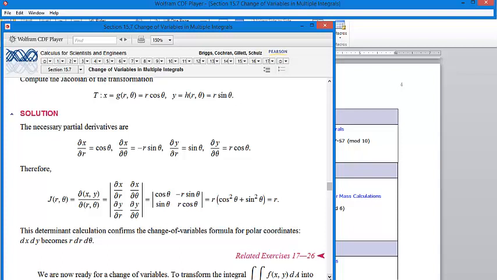Right? Like if you take the derivative with respect to r of r cosine theta, you just get cosine theta. But if you work it out, look what you get. R. Why is that important?